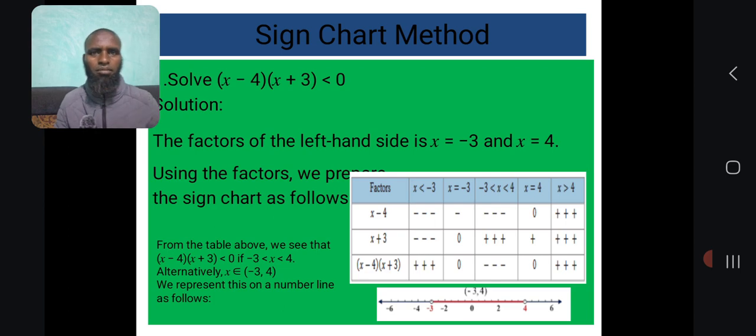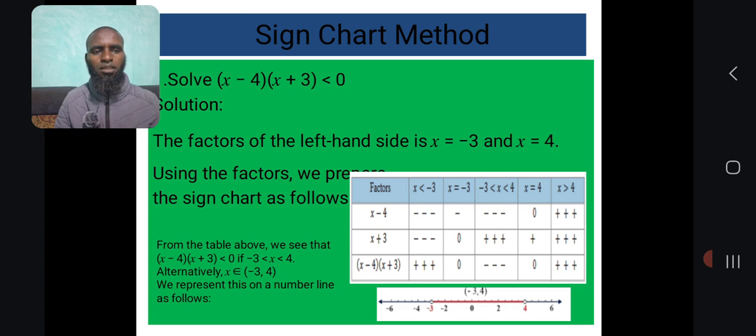At the same time, for x plus 3, at x equals minus 3 it will be 0.